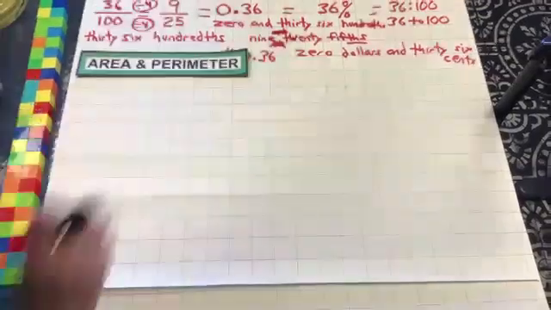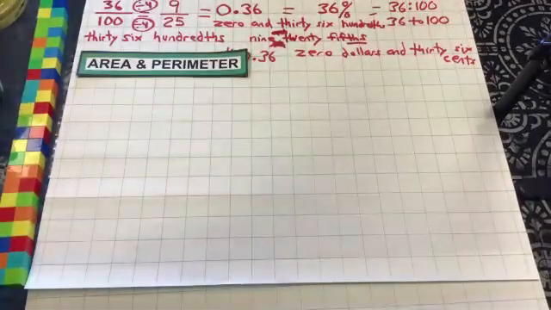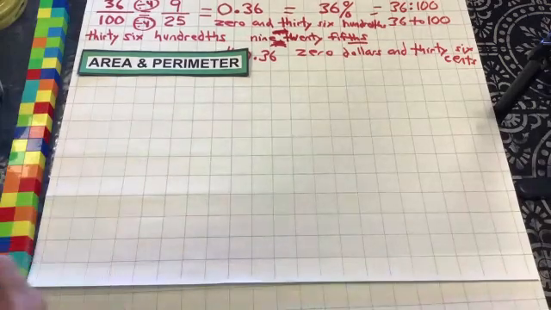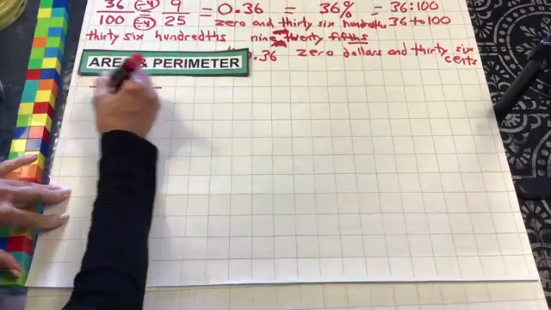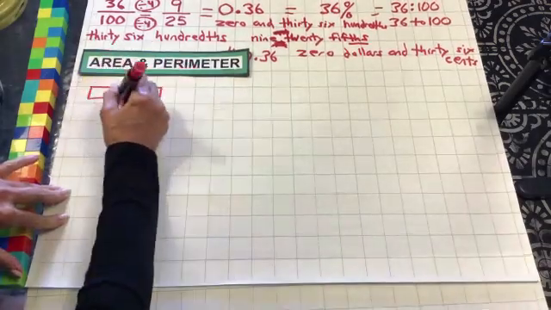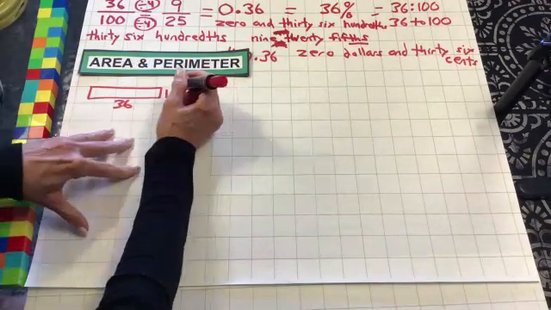All right, we're just going to represent our numbers with simple rectangles. So let's start with our first one. 36 by 1.